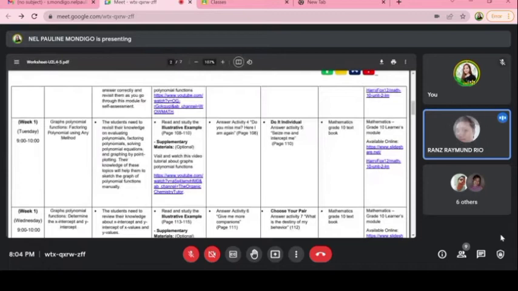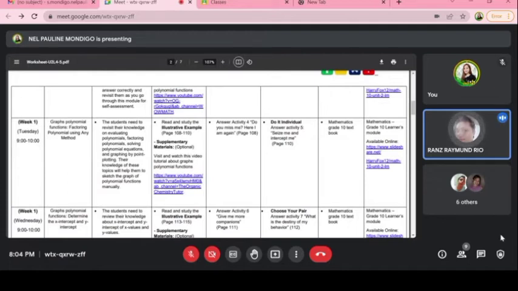For week 1, day 3, same time, 9 to 10 a.m., the learning competency is graph polynomial functions, focusing on determining the x-intercept and y-intercept. Contextualization: the students need to review their knowledge about the x-intercept and y-intercept, of x values and y values.